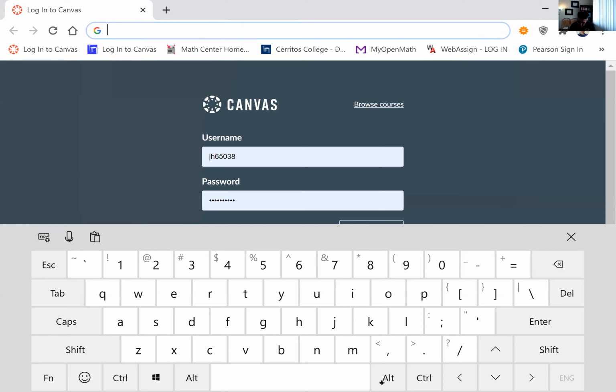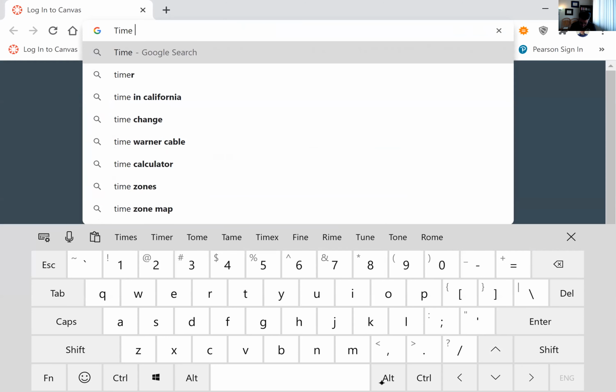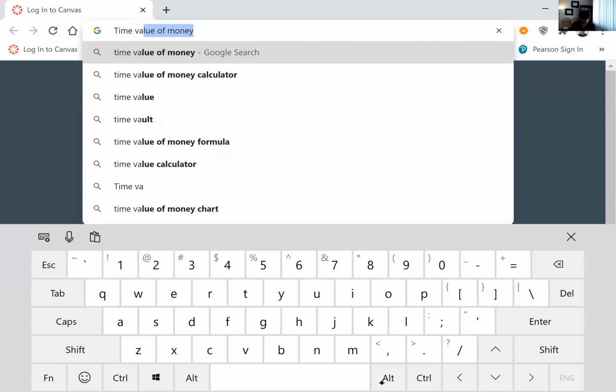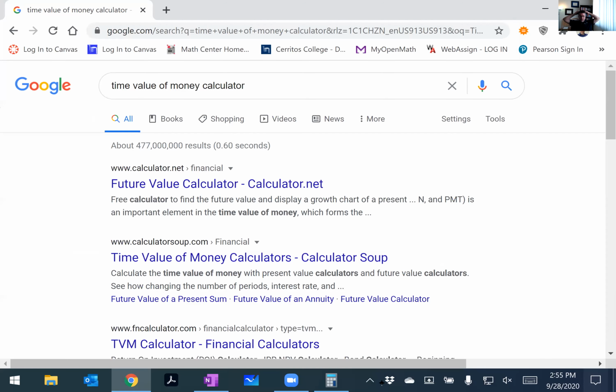I'm just going to Google time value of money calculator. See that right there? Time value of money calculator.